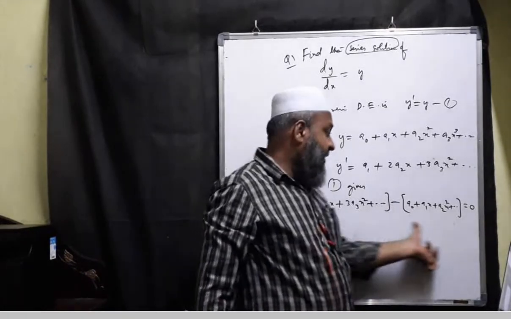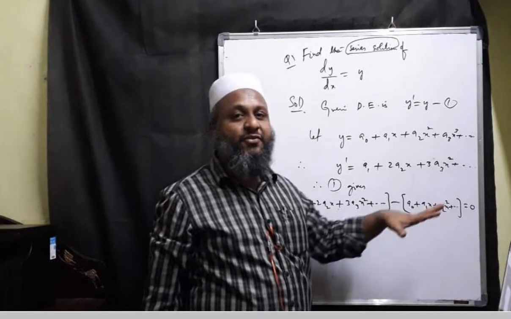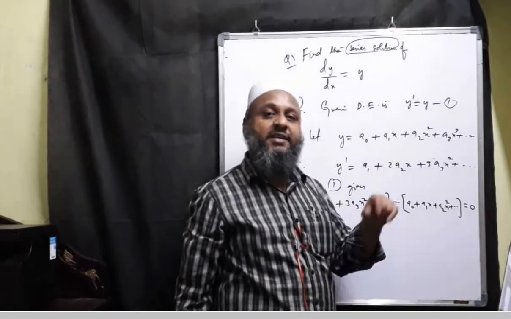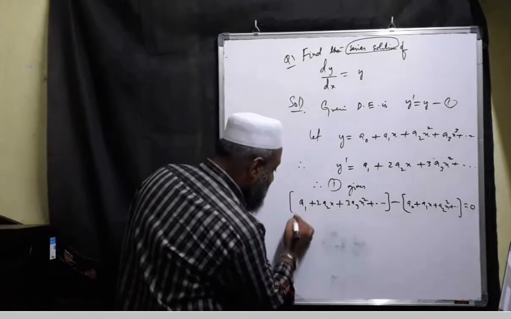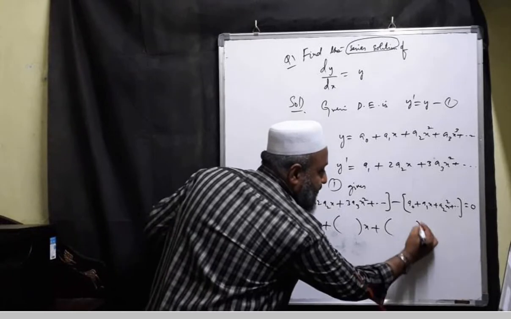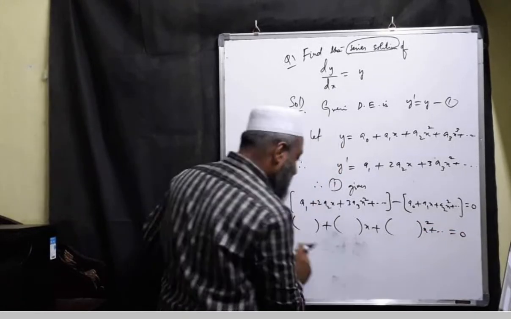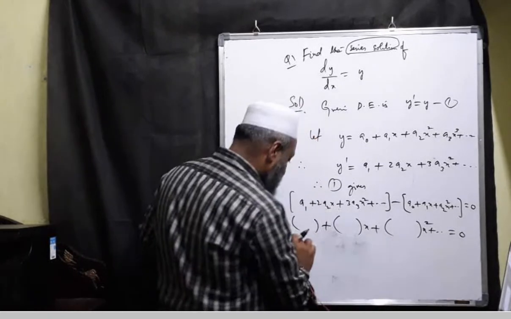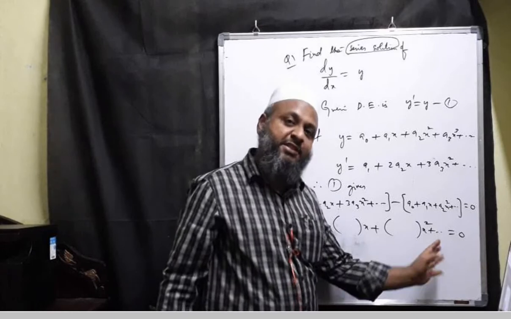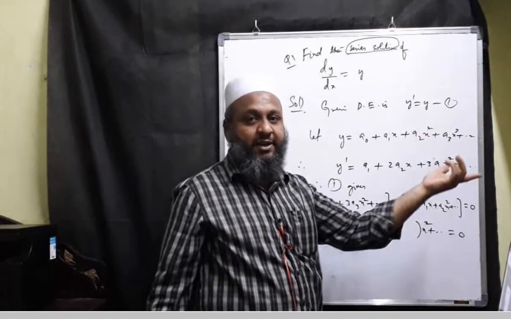Now this infinite series is equated to 0, and that is possible for all values of x only when the coefficient of every power of x is equal to 0. Let us first write it in the form of powers of x. If this is equal to 0, then the coefficient of every power of x must be equal to 0, because it can be treated like 0 plus 0x plus 0x square.